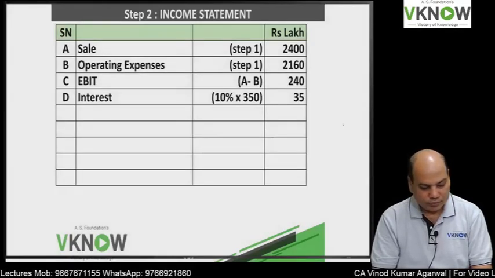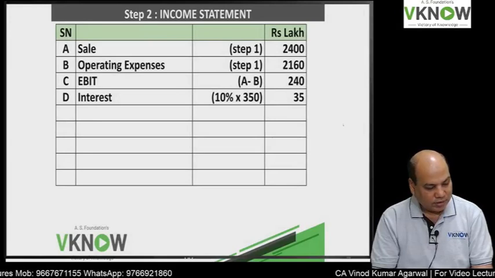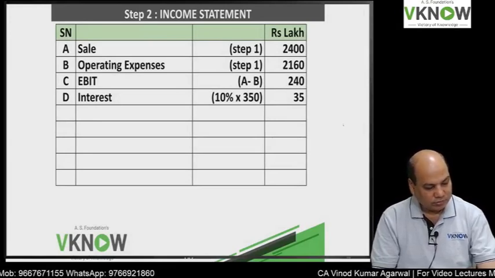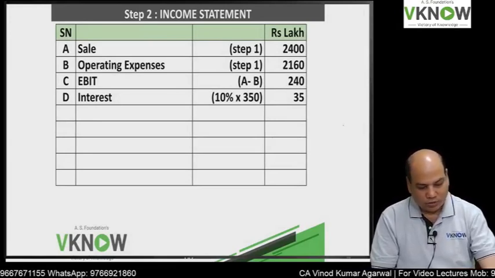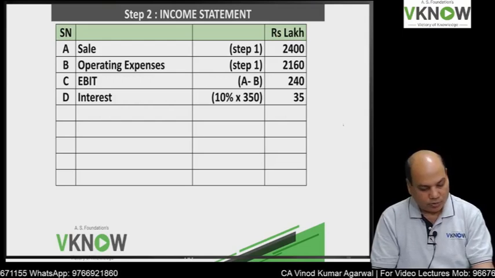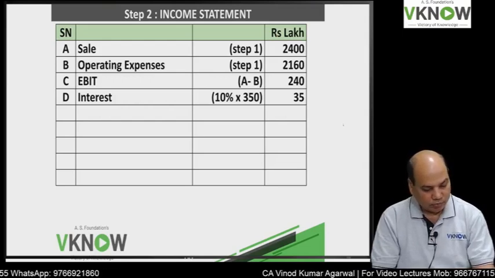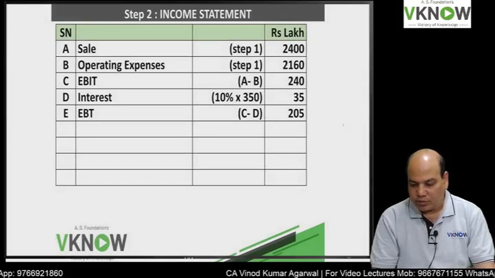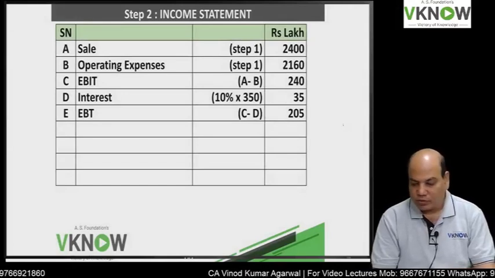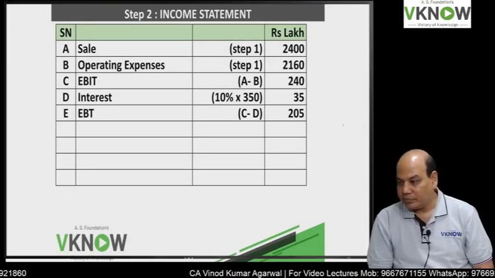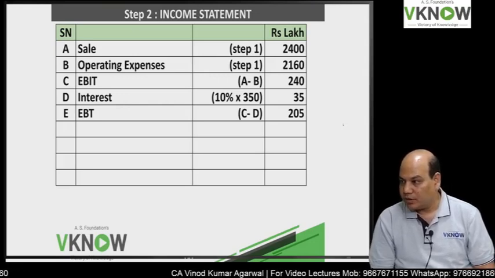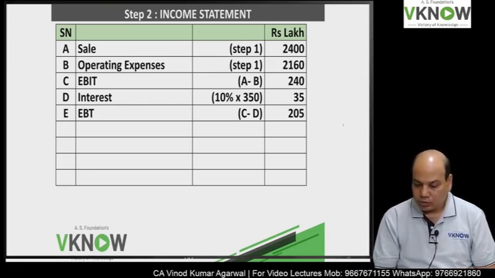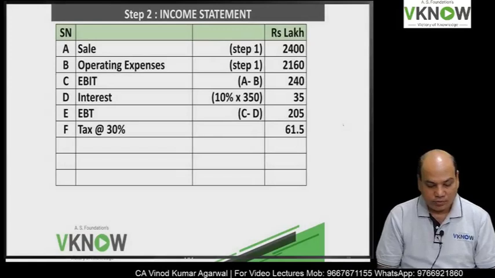Less interest: that is 350 into 10%, 35. Therefore, EBT is C minus D. See the presentation in detail: 205. It is easy for the examiner to check.